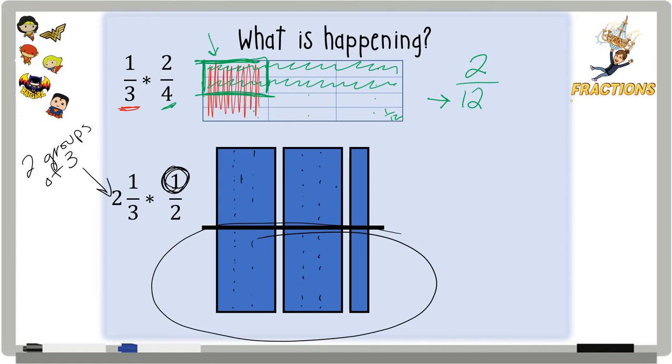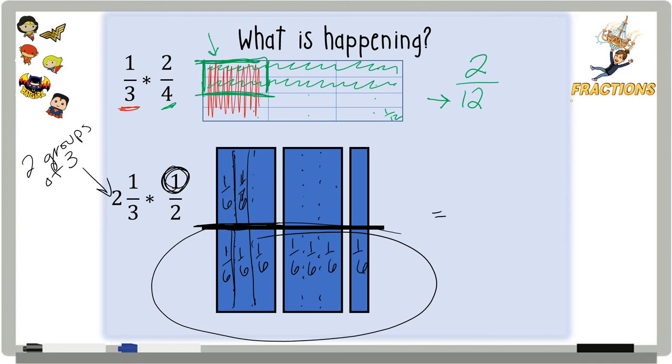Now, remember, these were thirds, but now, because we cut it down the middle, these are actually worth sixths. Okay, and I have 1/6, 2, 3, 4, 5, 6, 7.